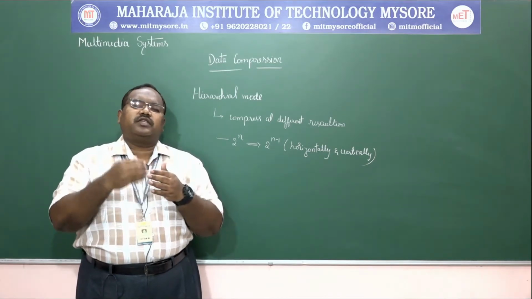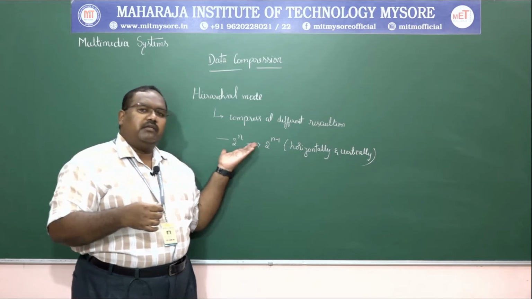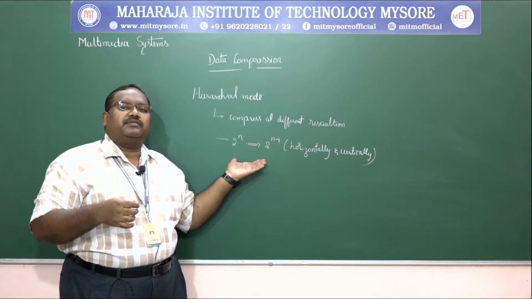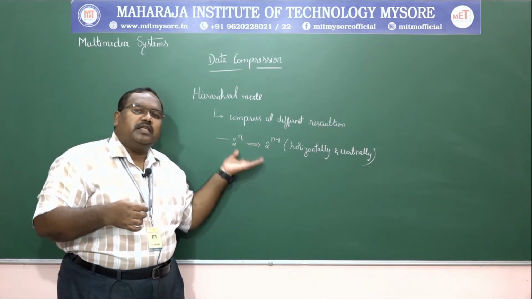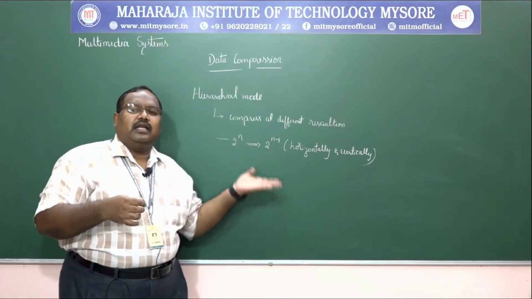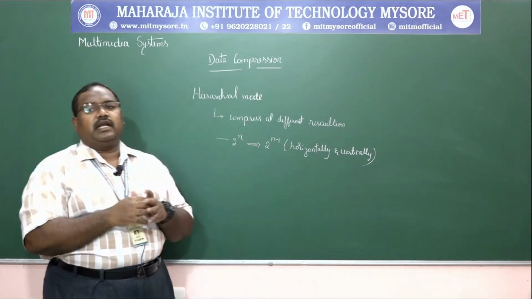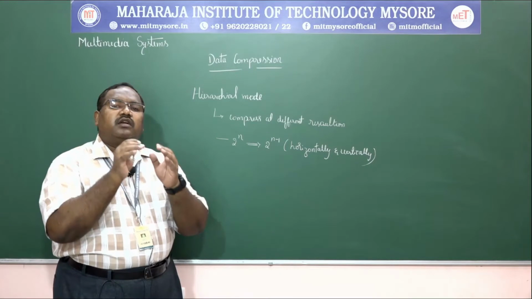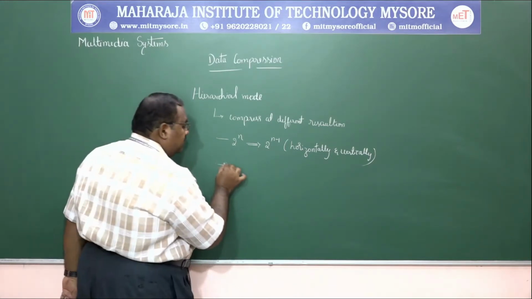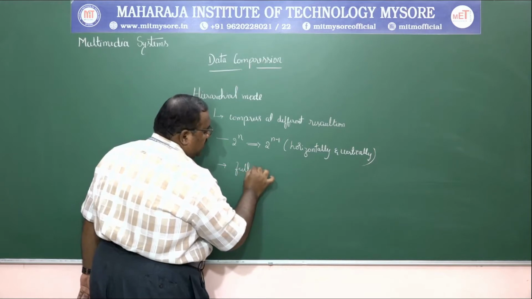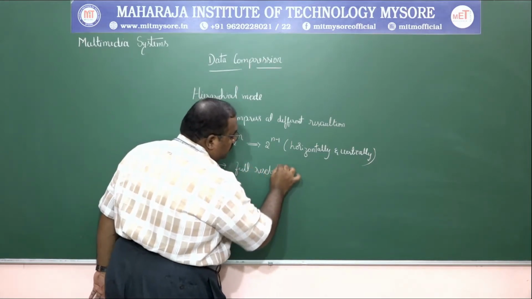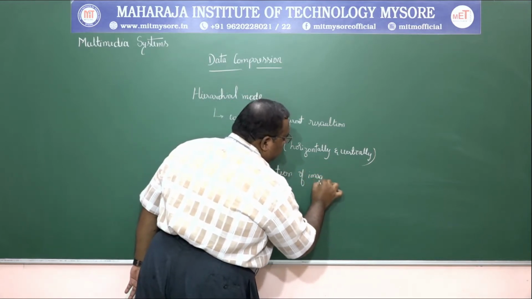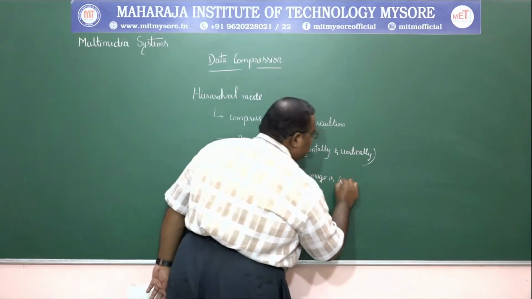This process is successively repeated, generating the image as 2 power n and again reducing it to 2 power n minus 1 and subtracting it from the previously generated image, and this process continues until the full resolution of the image is compressed.